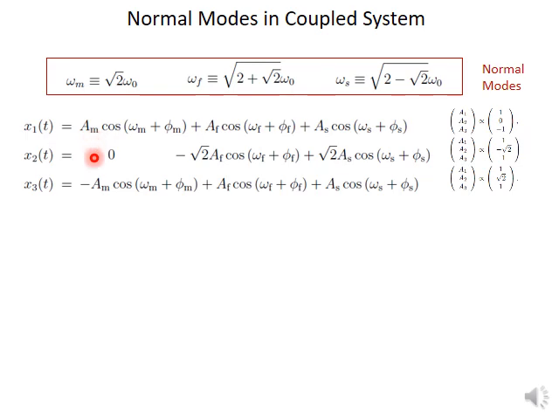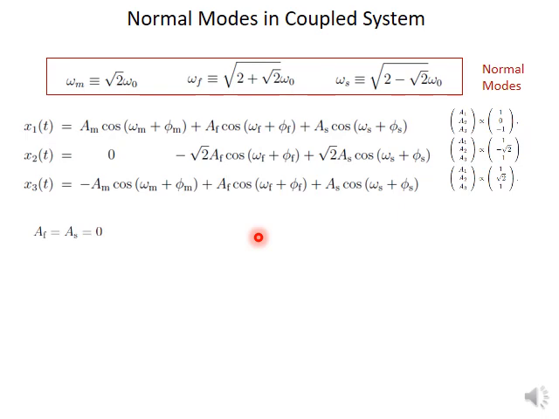The AM coefficient, for the omega m case, where omega m is the medium frequency, has the combination 1, 0, and minus 1. So here it is AM, here it is minus AM, and here it is 0, exactly what we saw. Similarly, AF, the coefficient of the fast frequency component, has 1, minus under root 2, and 1, and the slow frequency has 1, under root 2, and 1.